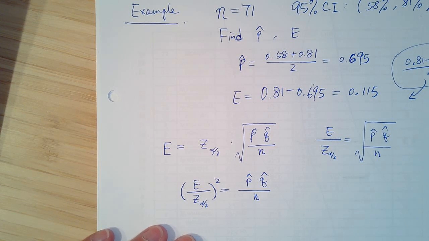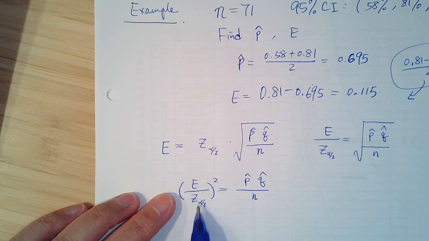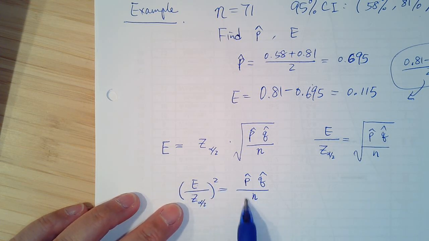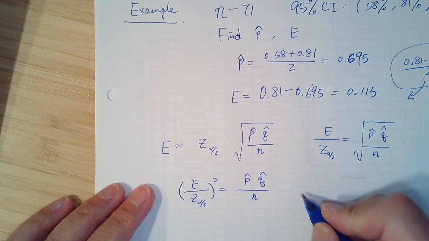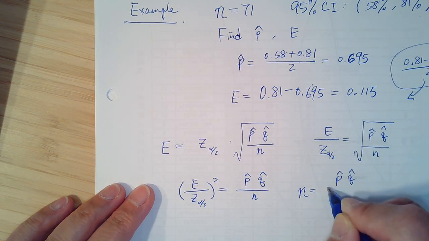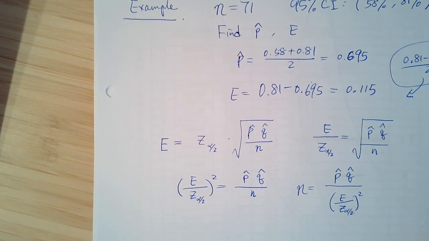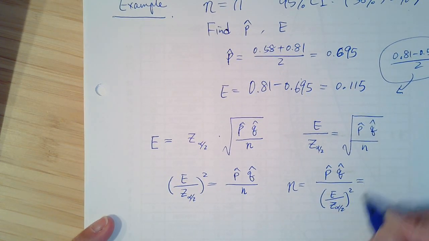And then, in order to solve for n, I'm going to use p hat q hat divided by this. So n will be p hat times q hat divided by (E over z alpha over 2) squared. Or, because there's a denominator in the denominator, you can flip it.